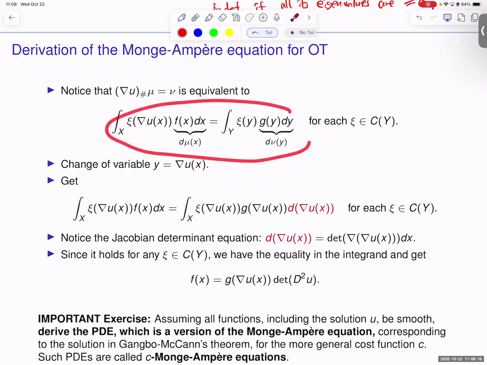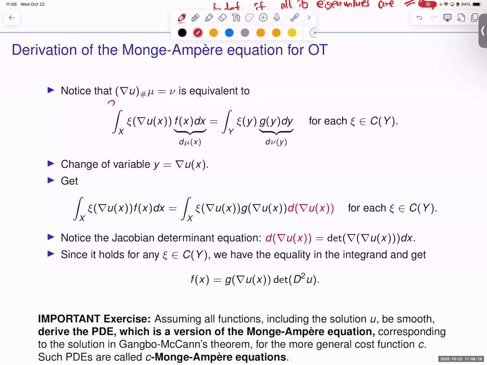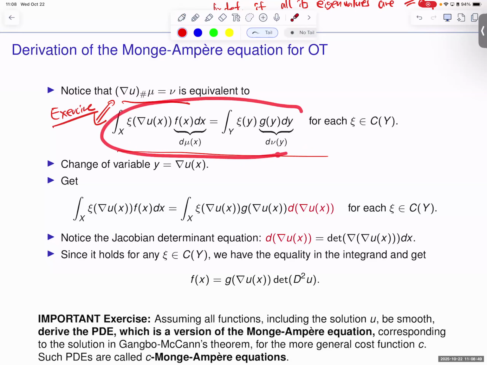You can derive that these two are equivalent. I'm not going to explain it; if you have any doubts, that is your exercise. Or you can just take this as a definition of this property.